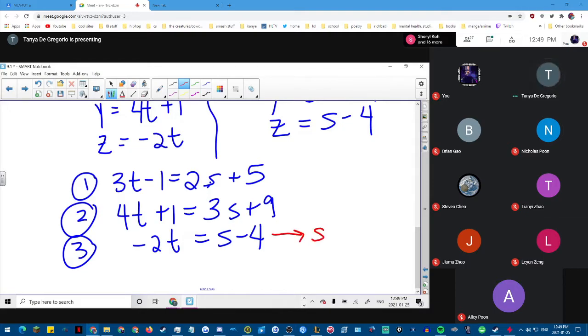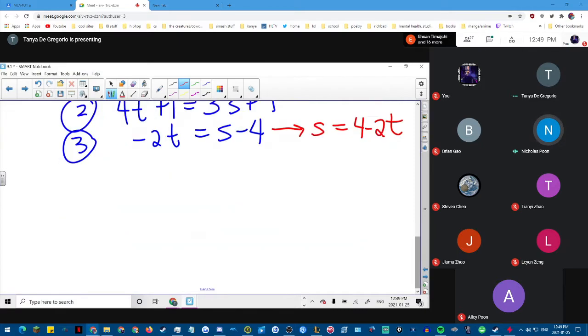This one, because it's already isolated, right? So I can see that s is equal to... What am I going to do next then? Sub that into the other equations.